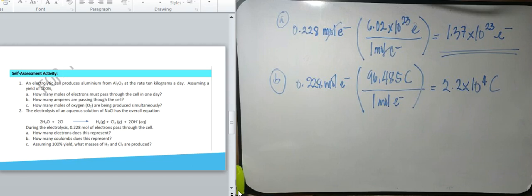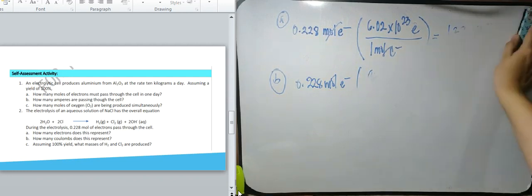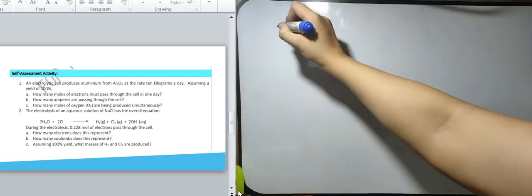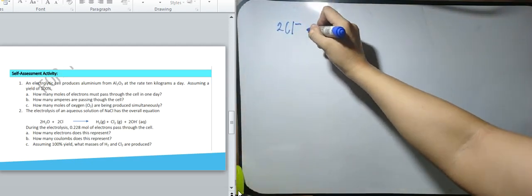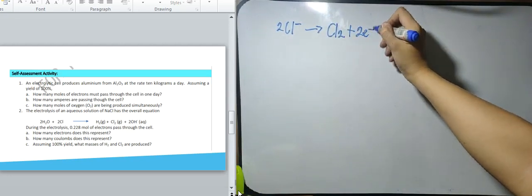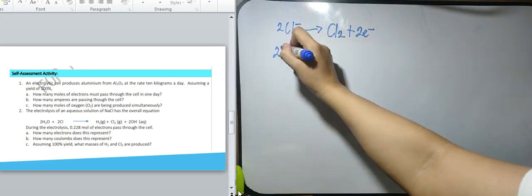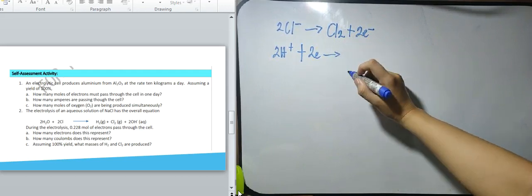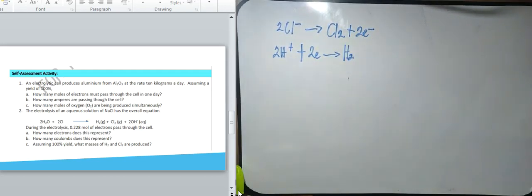So we'll now try to answer letter C. What is the mass of H2 and Cl2 produced? So we have half reactions, which is 2Cl negative yields Cl2 plus 2e. And we have the other one, which is 2H plus 2 electrons yields H2. Okay.